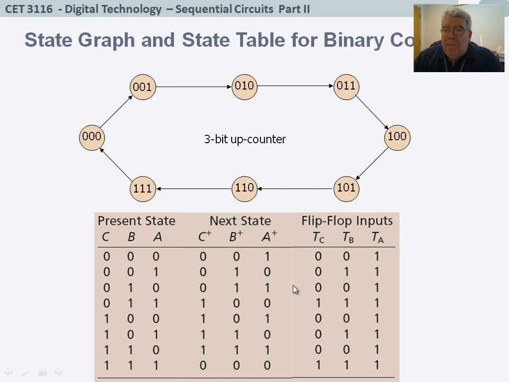Okay, B is going to change when A is 1, right? And that will correspond to this present state, A is 1. Okay, no, it doesn't change here, but it changes here. It changes here again, and it changes here again. And regarding C, C is going to change only when A and B are both 1. In this case, and also in this case.